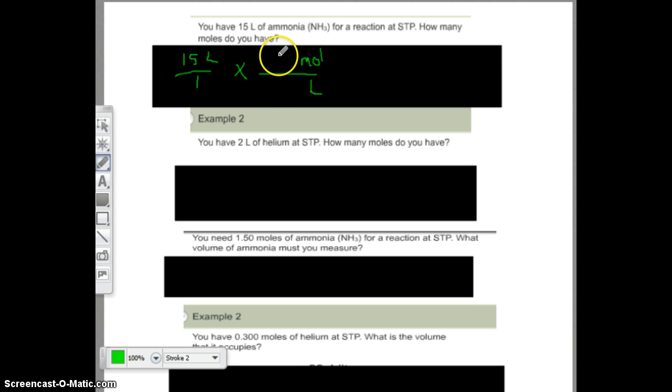And how many liters are equal to 1 mole? Again, it is at STP, so we can use our 22.4. Put it in your handy-dandy calculator, and the liters cancel off, and you get 15 divided by 22.4 liters, and you get an answer of 0.67 moles.